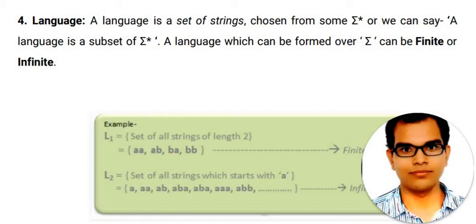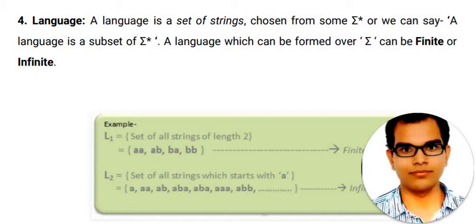That sigma you already know, that is the alphabet, and the asterisk, or star if you want to say, means zero or more. Or we can say a language is a subset of sigma star.